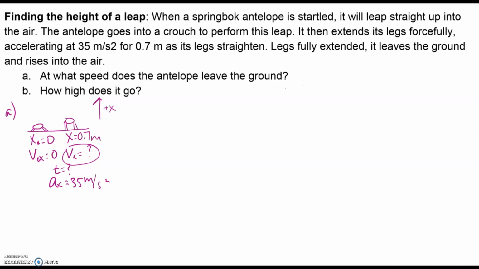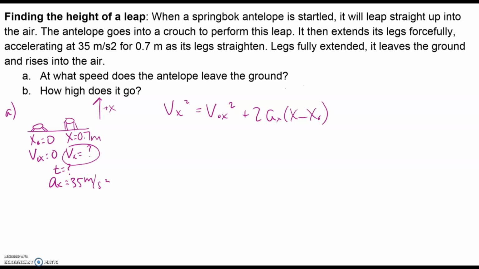So acceleration has to be positive. All right, since we're solving for velocity and we don't know time, I'm going to use the no time equation. That tells us that our final velocity squared is our initial velocity squared plus 2a times x minus x naught. So here's just the typical kinematic problem.